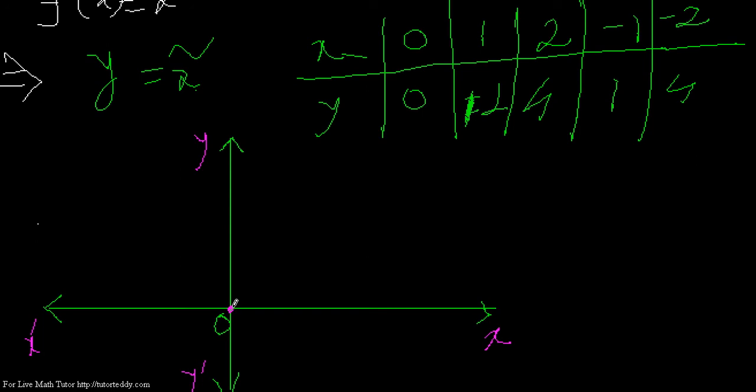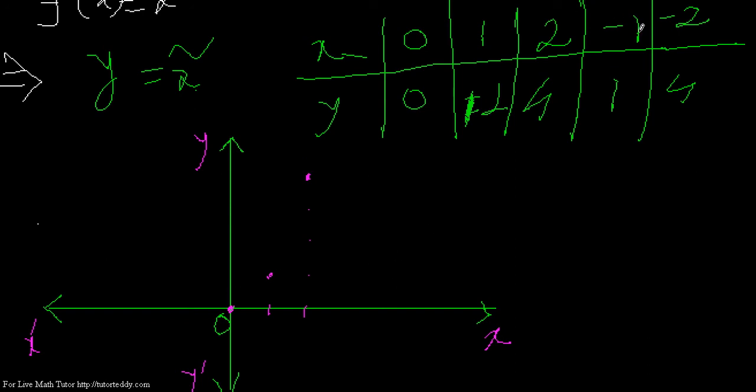So I have this point here. When x equals 1, y equals 1, somewhere here. When x equals 2, y equals 4, positive 4, that means above origin. It can be 1, 2, 3, 4, somewhere here.